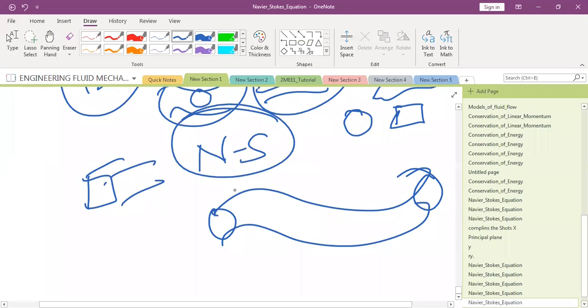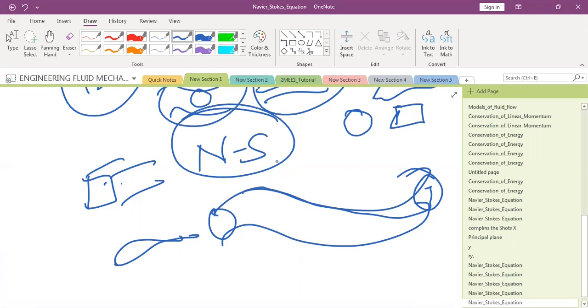The results will be different only because you have different boundary conditions. That is why it is not far from the truth that if you have understood the Navier-Stokes equation, everything afterwards is mathematical manipulation, and all the other equations boil down to solving this differential equation only. Is that clear?